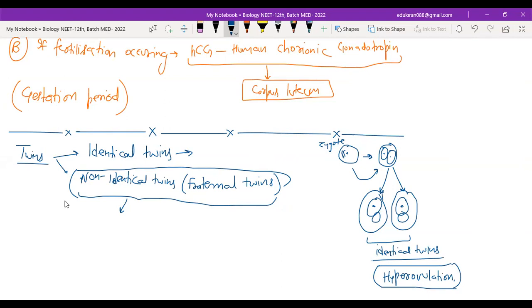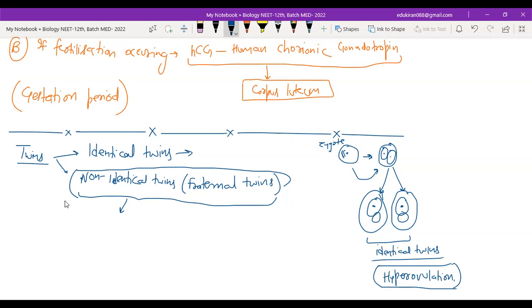If a couple can argue that I wanted one child, I got two, we did not plan for two kids, so let us do the MTP, and suppose the court says yes, you can do it, then another couple can just go and say that I wanted twins and I just got one fertilization happening, I'm waiting for the time when I'll get two fertilizations at the same time, so can I terminate? Everyone does not know biology and is not a biologist, bro. Yeah. So as long as the pregnancy is normal, everything is fine. It's illegal to abort it.